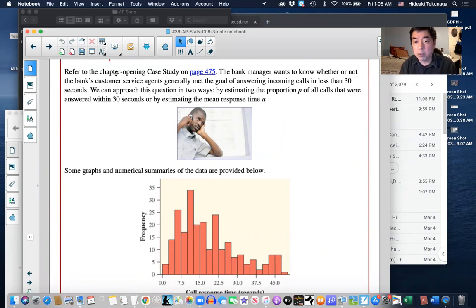The bank manager wants to know whether or not the bank customer service agent generally met the goal of answering incoming calls in less than 30 seconds.